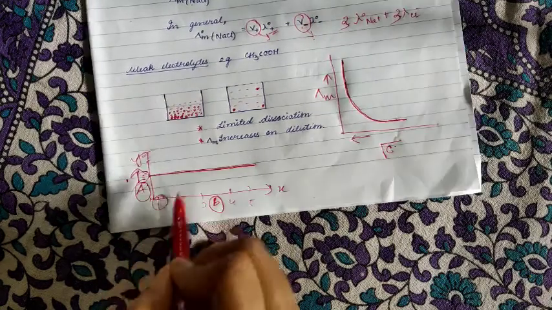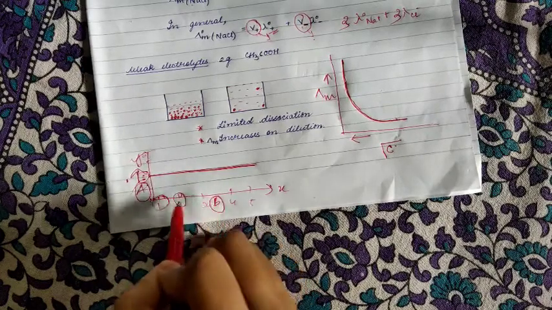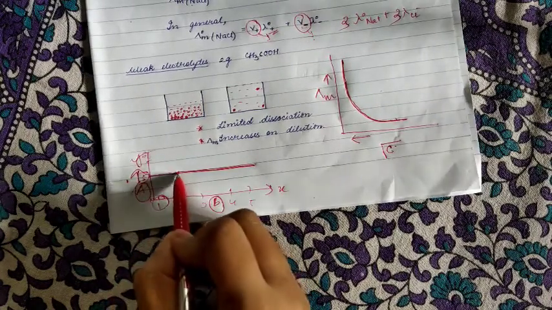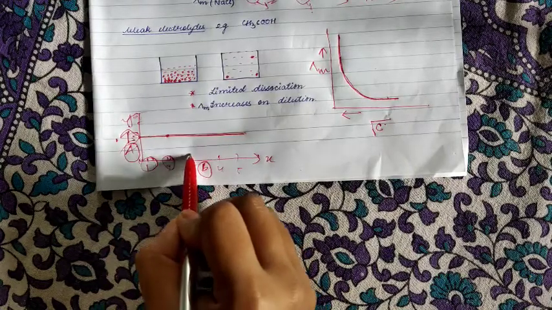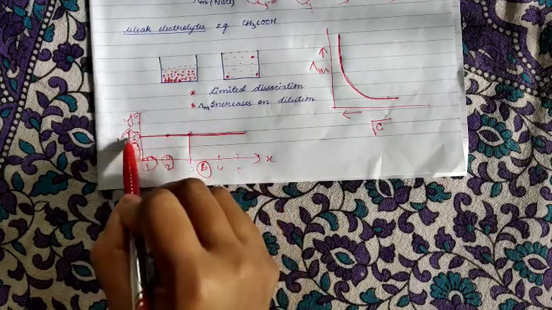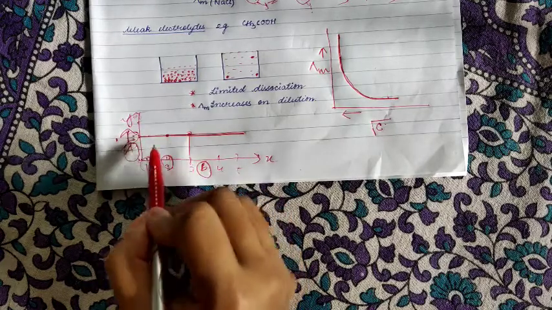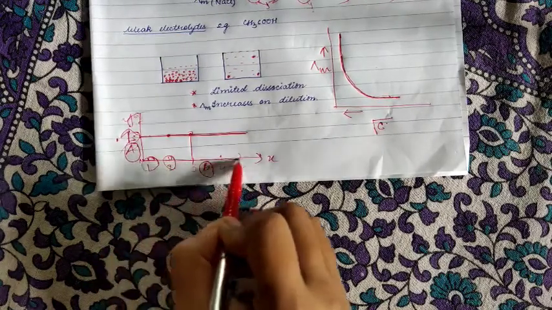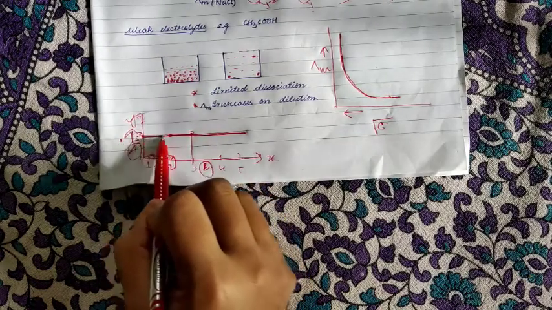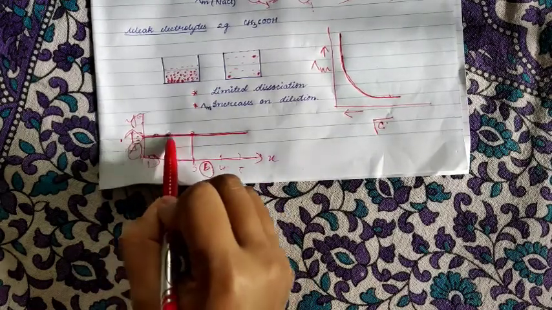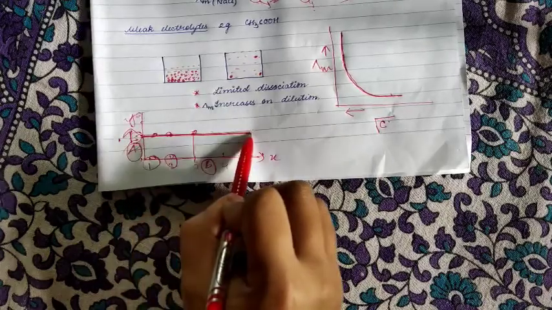So A was 5. Again when B was 2, it was the same, 5 for A. Again when we talk about B, we again get 5 for Y. It means that even though B is changing, A is having the same value. That is why we can plot the graph as a straight line.